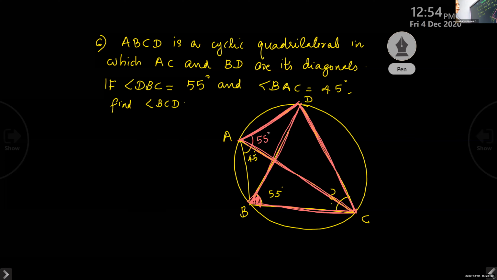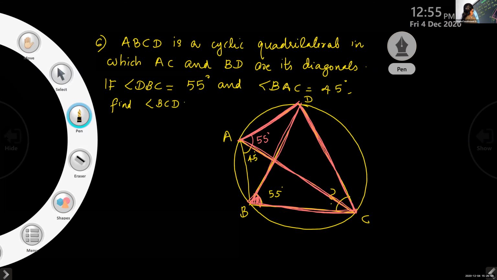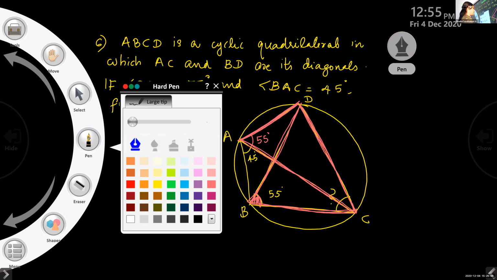Clear? Now, can you find C? ABCD is a cyclic quadrilateral. What is the property of a cyclic quadrilateral? Ma'am, is it 80? Yes, 80. How did you get that? 180 minus 100.